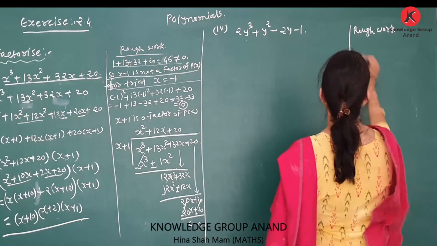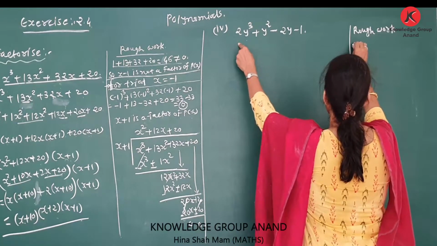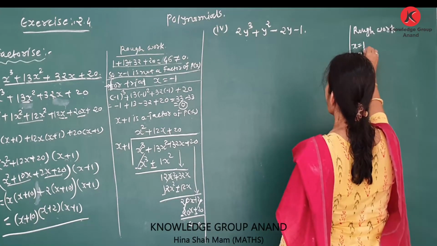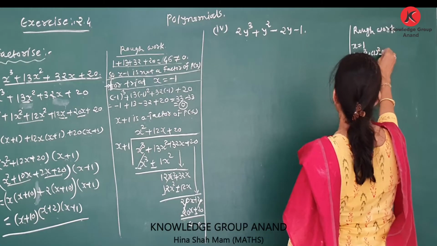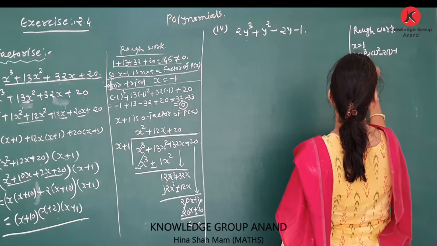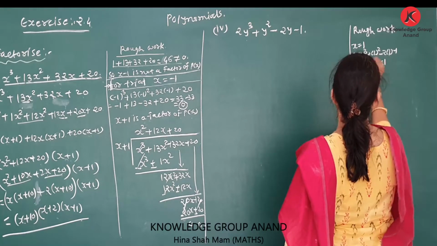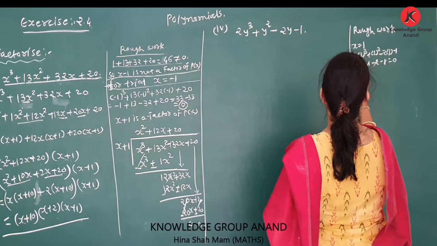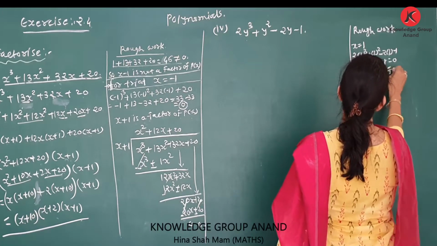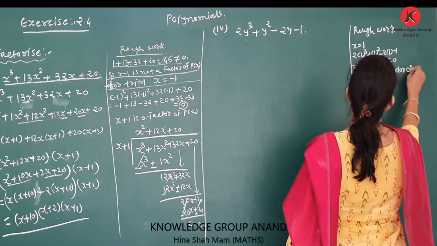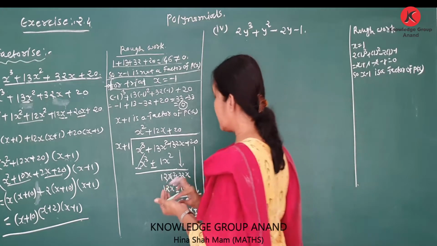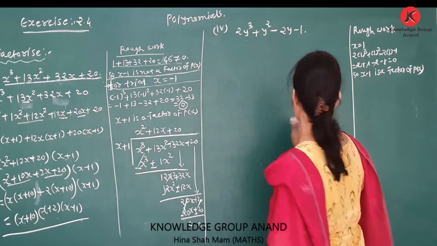Taking x equals 1: 2 into 1 cube plus 1 square minus 2 into 1 minus 1 equals 2 plus 1 minus 2 minus 1, which equals 0. So x minus 1 is a factor of p(x). First we decide that x minus 1 is a factor of p(x).